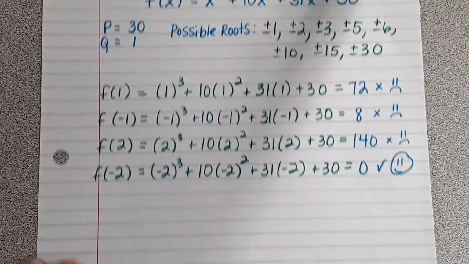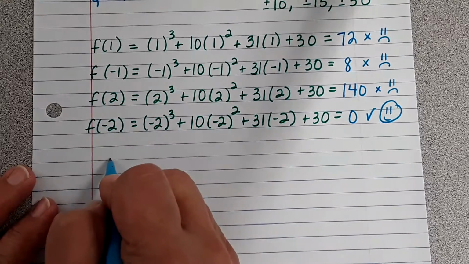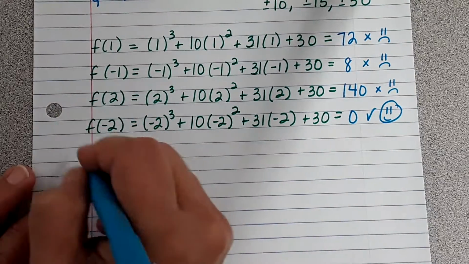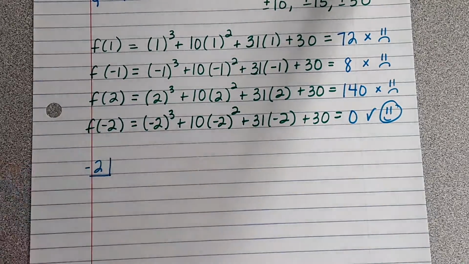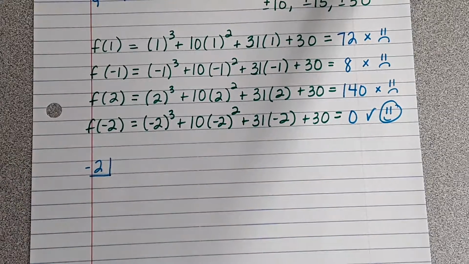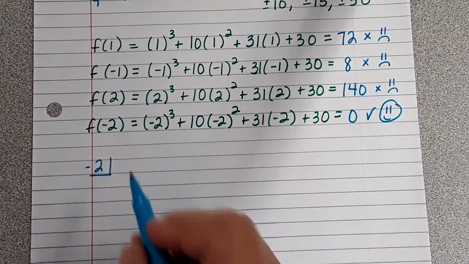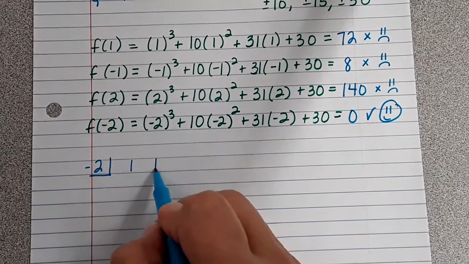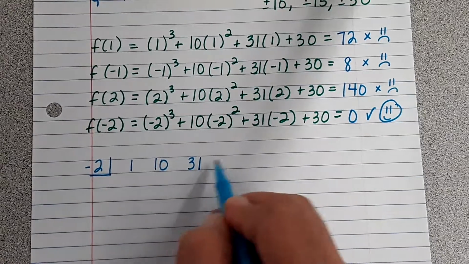So now I'm going to use synthetic division to find out my next step. Since it's a cube, my next one is a quadratic, and I know I can either factor it or use the quadratic formula. So I have 1, 10, 31, and 30.